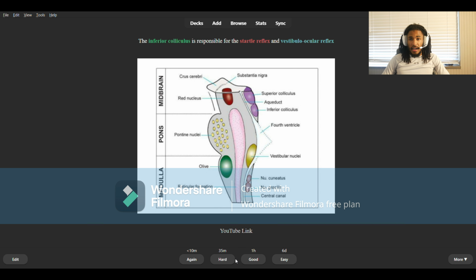Man, guys, I have a lot to learn, a lot to study. Let's see where that is. So the inferior colliculus is right here. Oh, so there's an inferior and there's a superior colliculus. Okay. That was pretty hard.